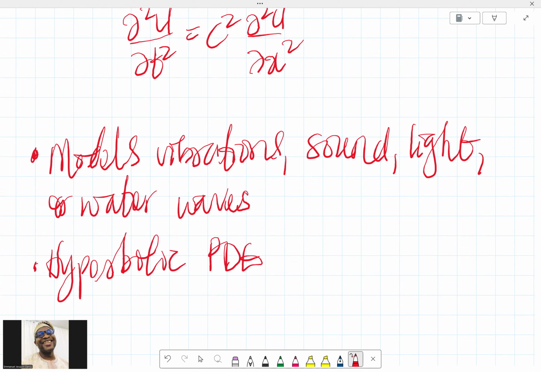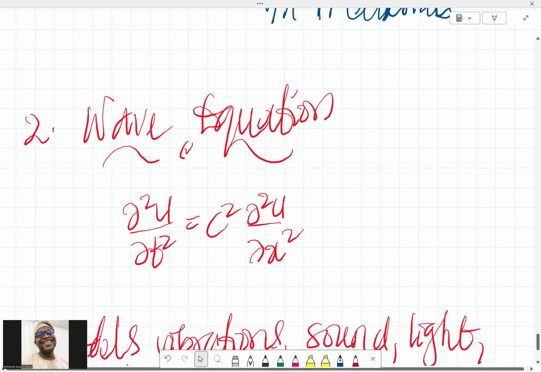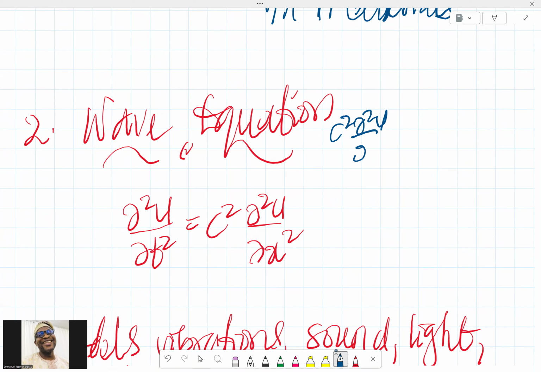If it's hyperbolic, the discriminant b squared minus 4ac is greater than zero. So can we confirm that? Let's assume x is x and we take t as y. If you write that out, we have c squared partial squared u partial x squared, then we don't have a partial x partial t term, so that will be 0.